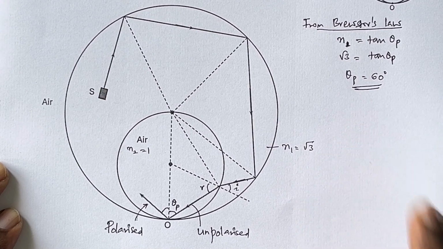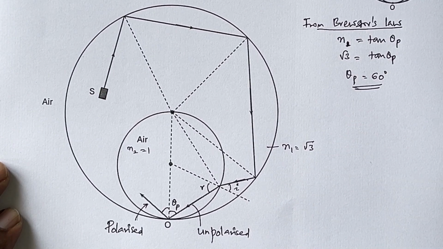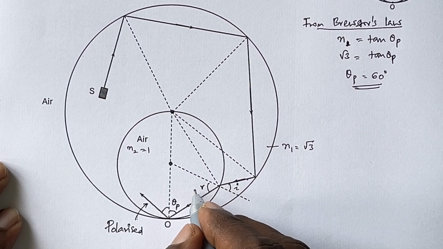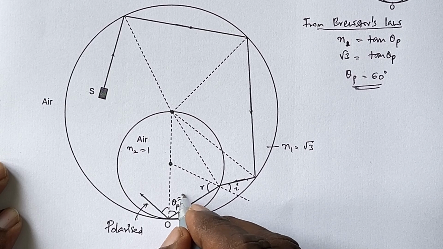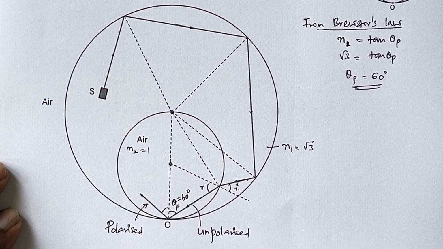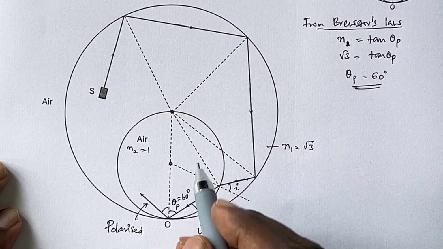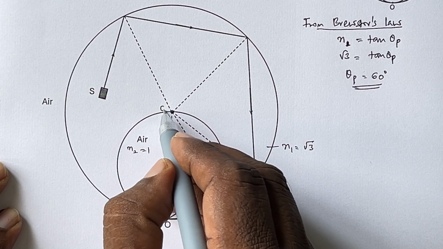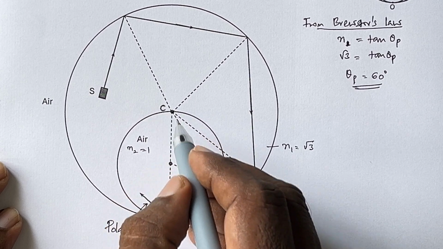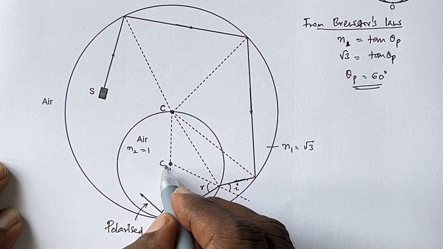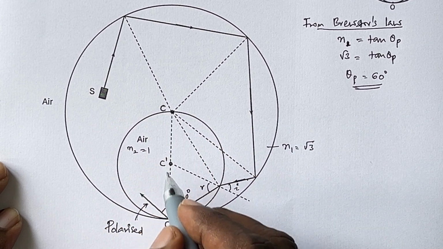Why? Because tan 60 is equal to root 3. So here this theta p is equal to 60 degrees. Right. Here, see, this is the center of the glass sphere. This is the center of the air cavity.